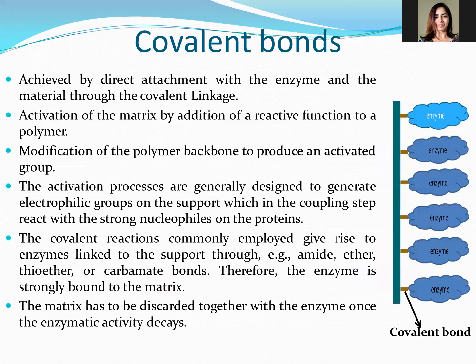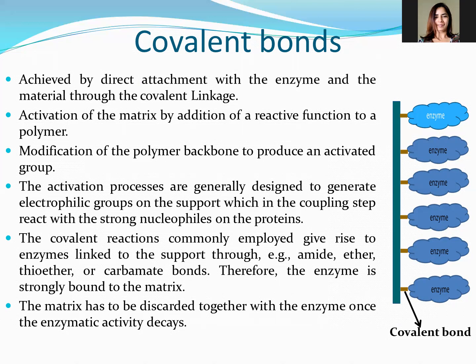Dealing with the irreversible methods, one is covalent coupling. In covalent association, the enzyme associates with the support owing to side chain amino acids such as arginine, aspartic acid, and histidine.